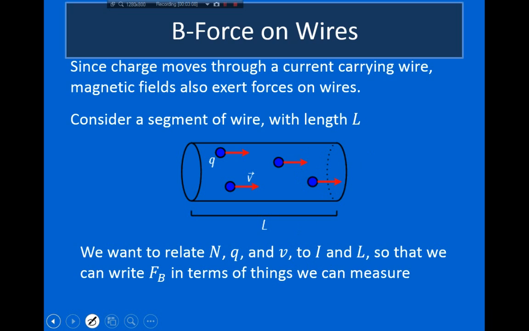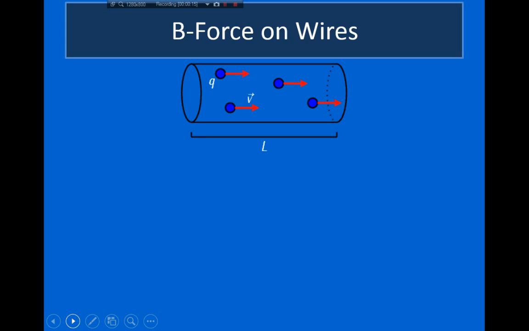So how do we actually calculate the current that's flowing through a wire in terms of these quantities n, q, and v? Well, the first thing that I want to remind you about current is that if we consider just a very simple circuit like this, we define the current at a particular point in the wire. So we pick a point inside the wire, and then we say that the current is going to be equal to the charge that flows past that point during a time delta t divided by the time delta t.